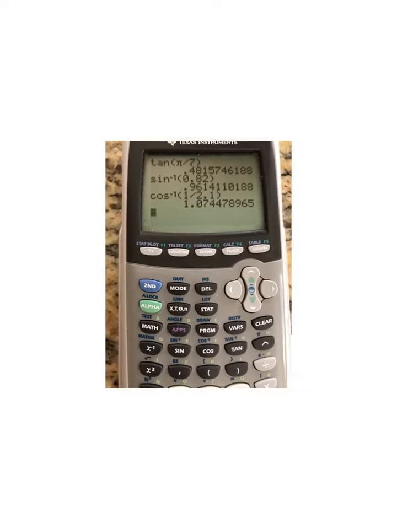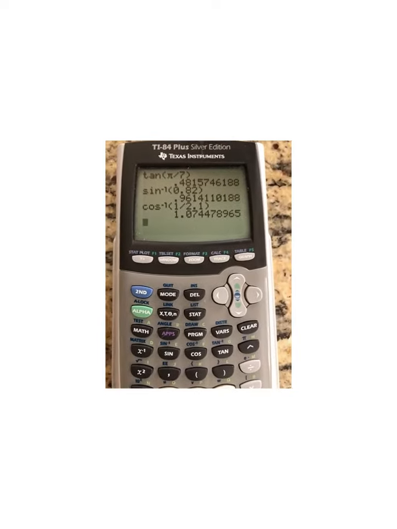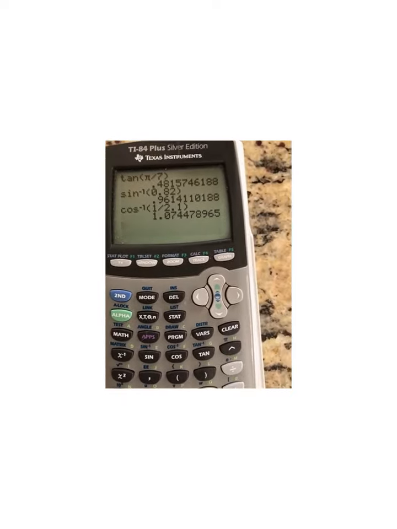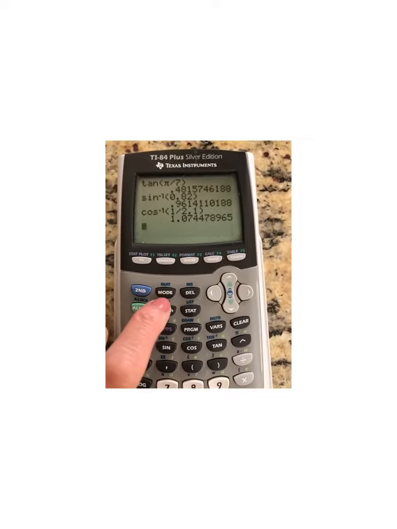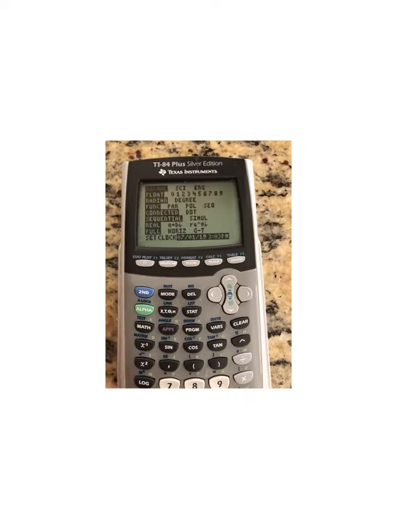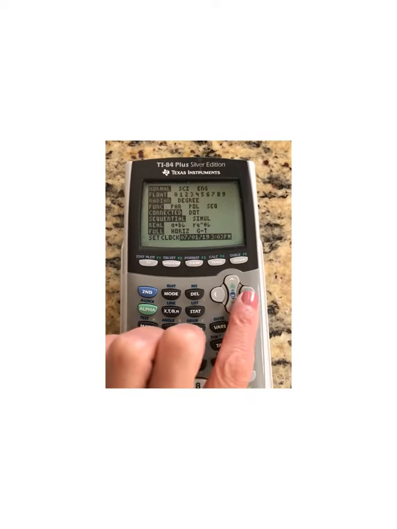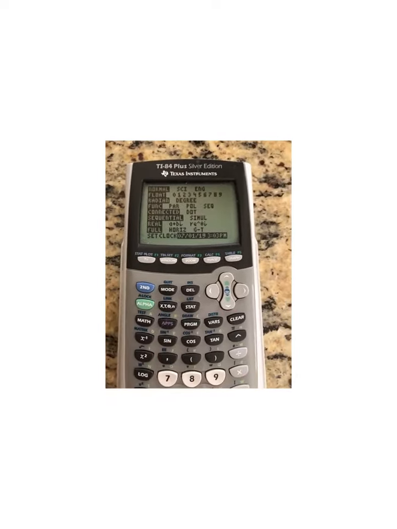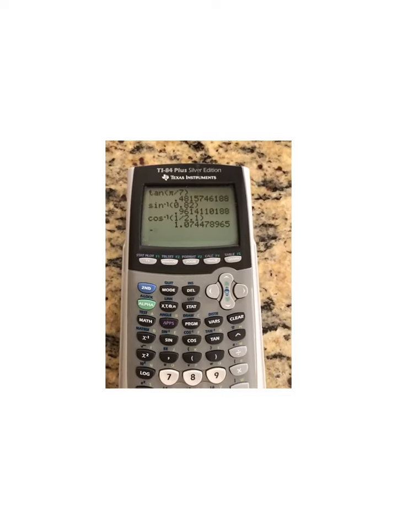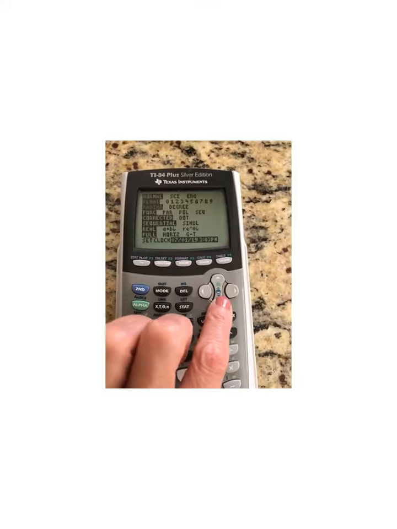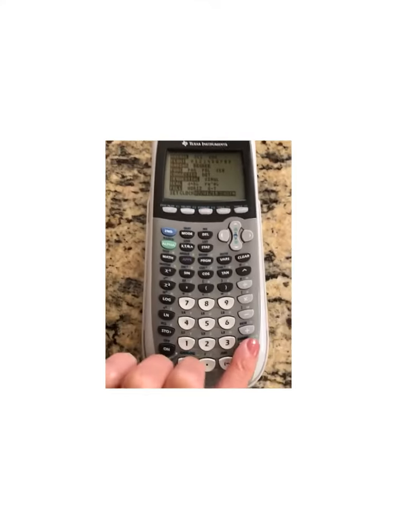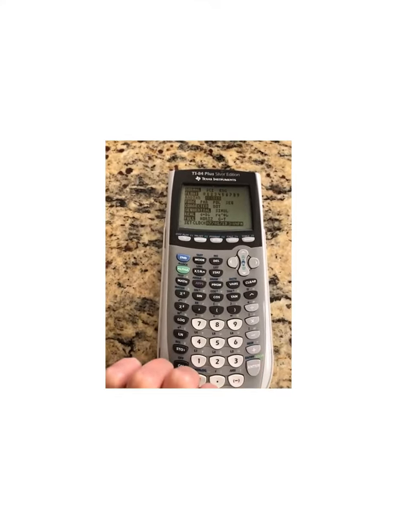Okay, so number 3, you're going to have to use the degree measure. So now what you need to do is go back to mode and then scroll down and highlight the degree by hitting the, oh shoot, I can't see, I'm sorry you guys. All right, mode and then scroll down to degree, then hit the enter button.